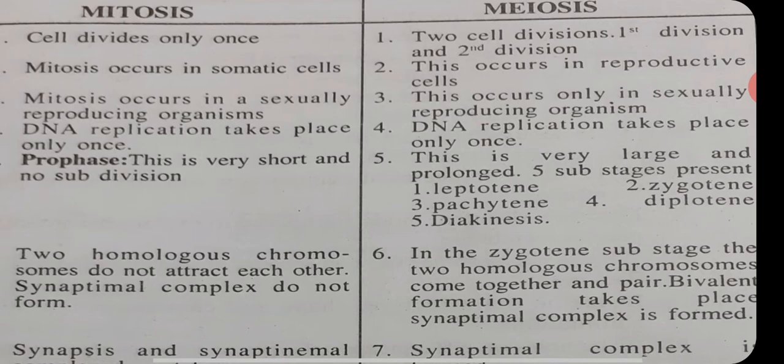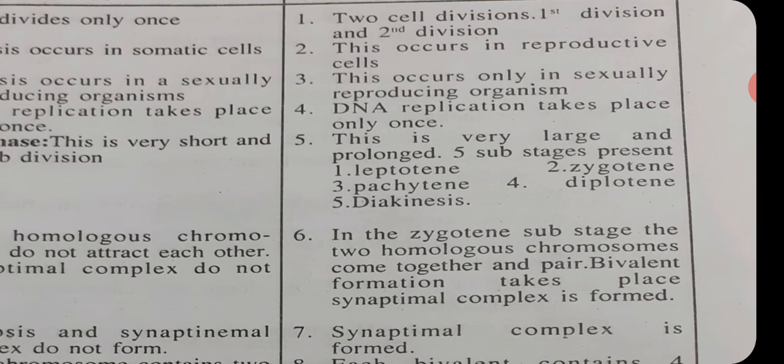Prophase is the most significant difference. In mitosis it is very short with no subdivisions. But in meiosis, prophase 1 is a very large and prolonged division, which has five sub-stages: leptotene, zygotene, pachytene, diplotene, diakinesis. Each and every substage has its own significant change or feature.